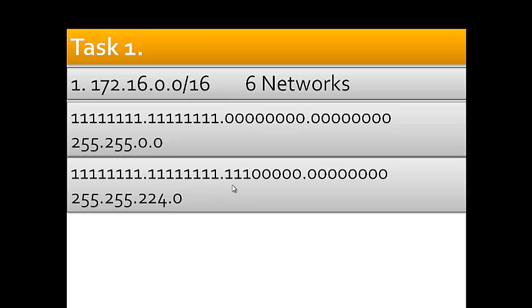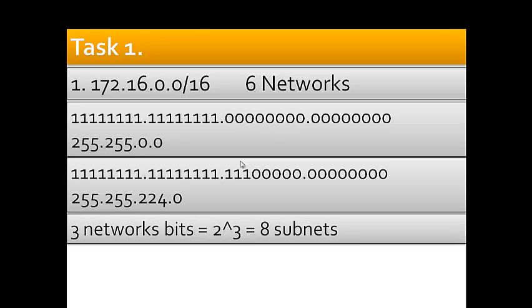Now in the new subnet mask we have 3 network bits, so 2 exponent 3 is equal to 8 subnets. We need 6 networks and we are getting 8 subnets. It means our requirement is fulfilled.